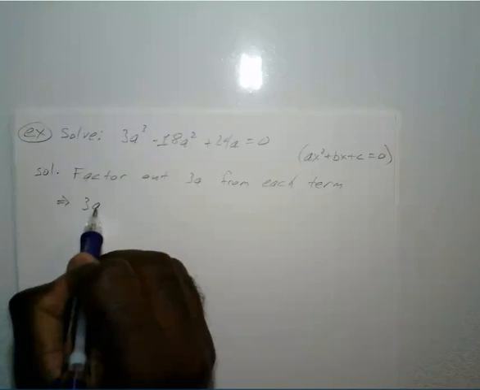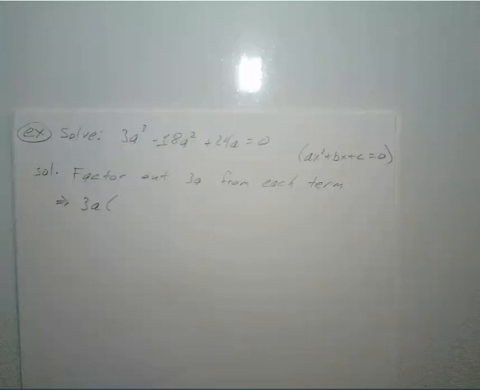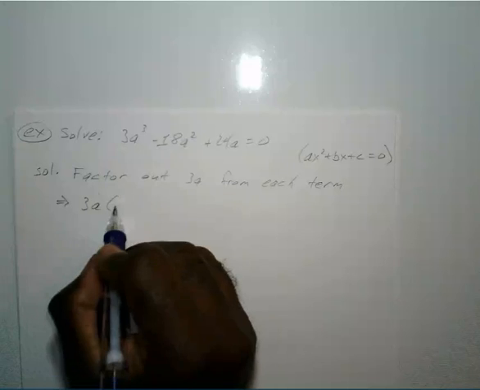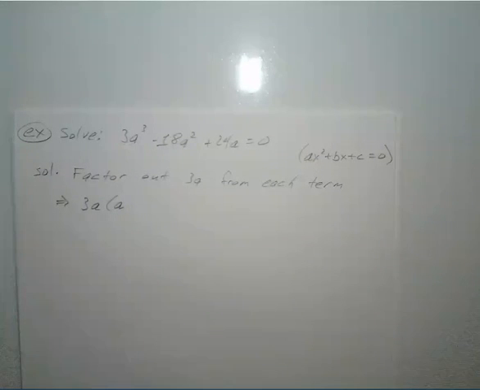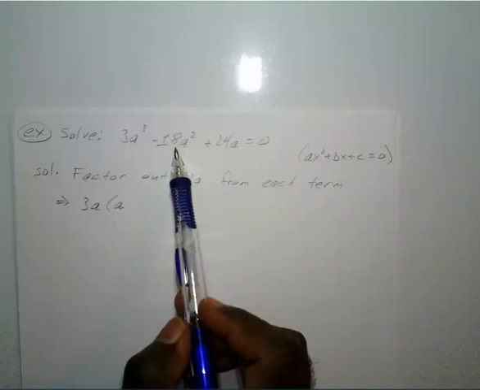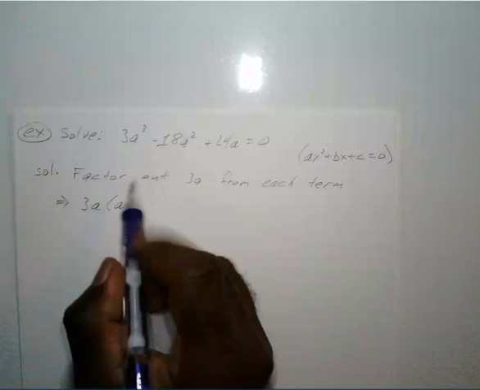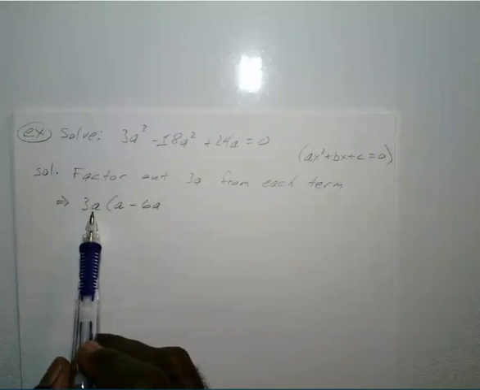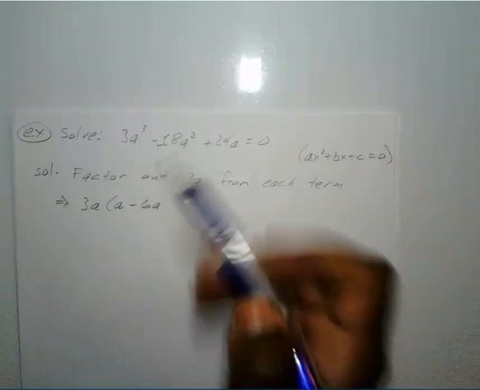If we factor out 3a, times what would give us 3a to the third power? That's 3a times a squared. So 3a times what will give us -18a squared? That's minus 6a. And 3a times what will give us 24a? That's plus 8.